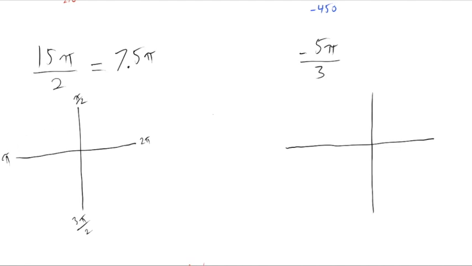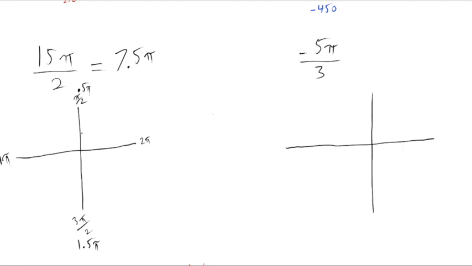Well, because decimals are something that's a little bit easier for me to understand and think about. Because if you look at our x-axis, each of these is a single pi, and the in-betweens, our y-axis, are going to be half of a pi to get to the next place. So that means that this is actually 0.5 pi, and this one over here would be 1.5 pi. So now I'm looking at 7 pi and then half.